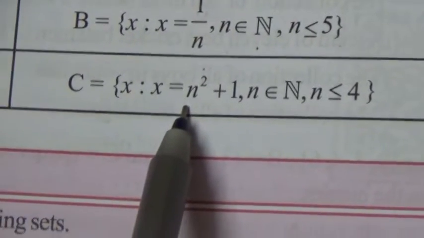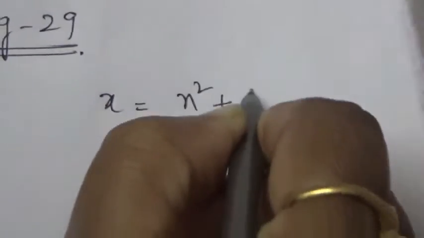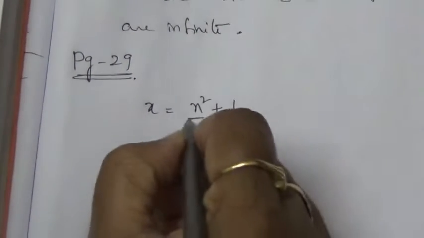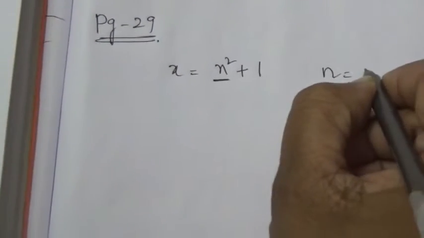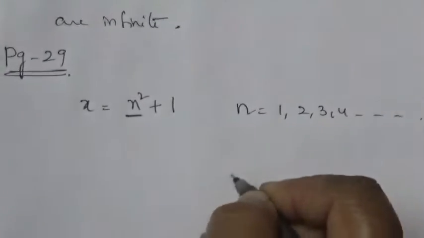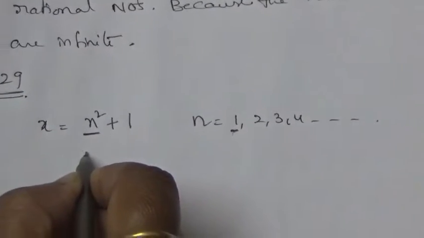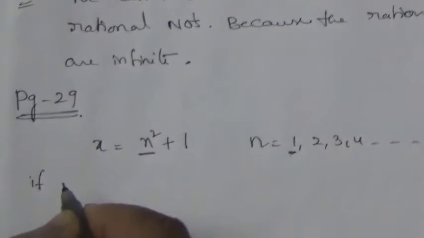N means natural numbers. Natural numbers means 1, 2, 3, 4 and so on. When you substitute 1, 2, 3, 4 in this formula, what numbers do we get?